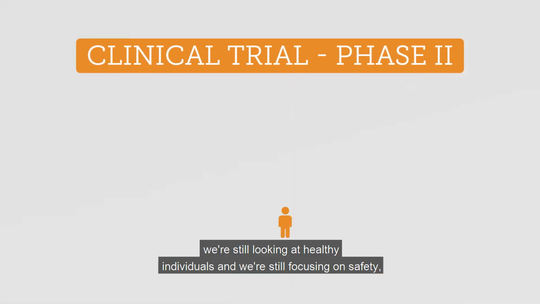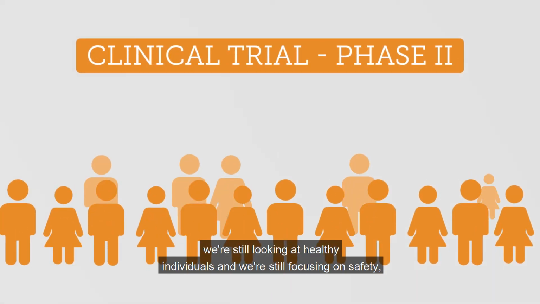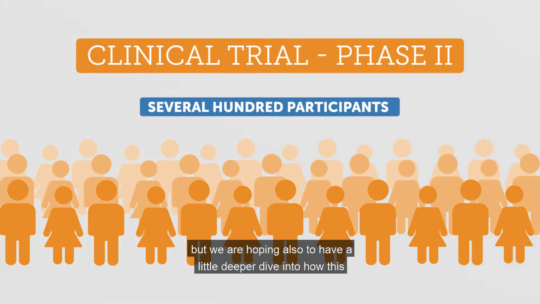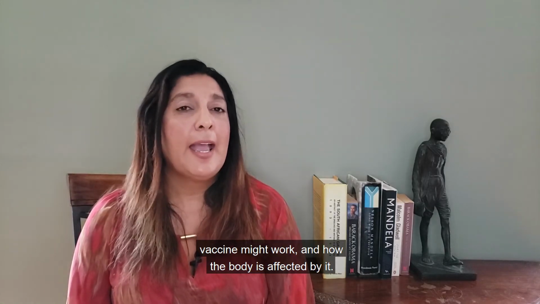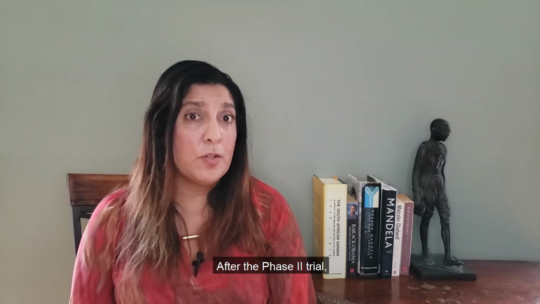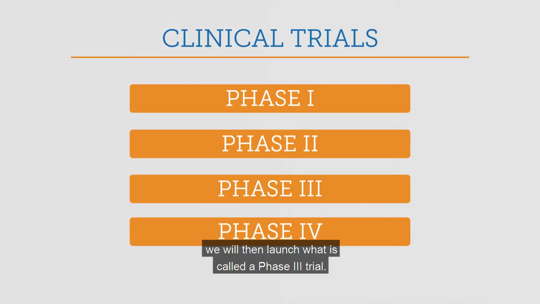So in a phase 2, we're still looking at healthy individuals and we're still focusing on safety, but we are hoping also to have a little deeper dive into how this vaccine might work and how the body is affected by it.